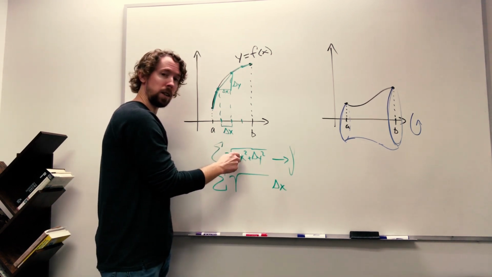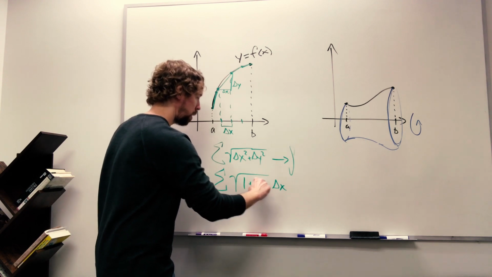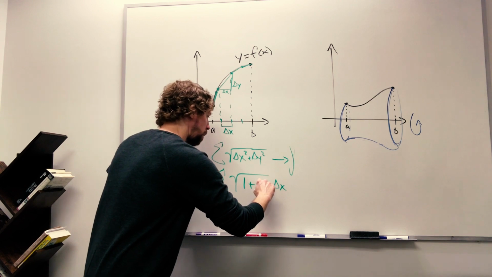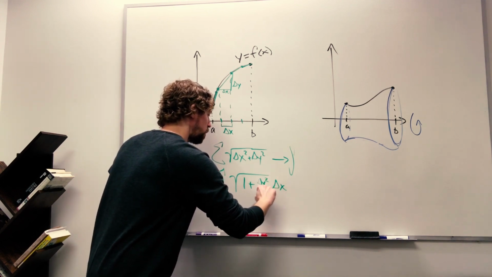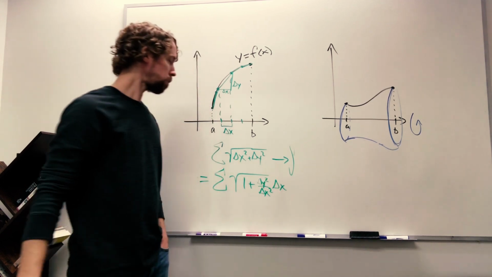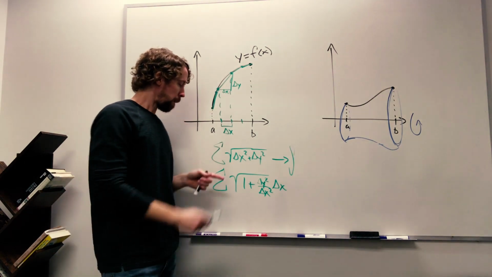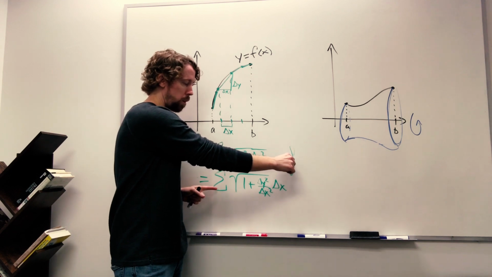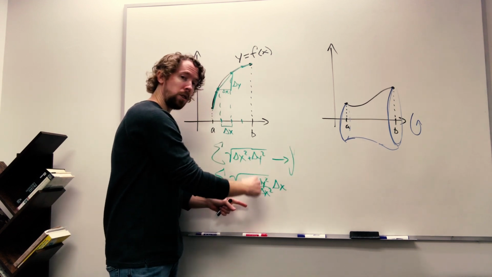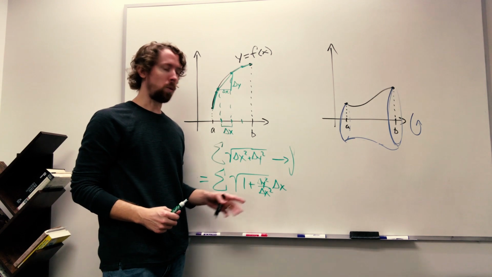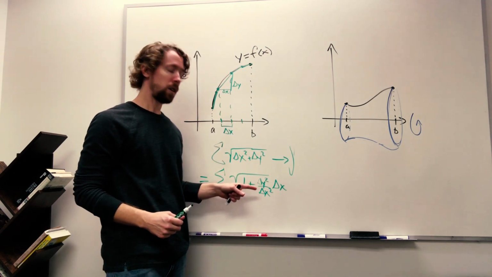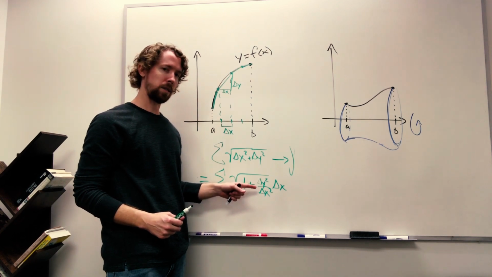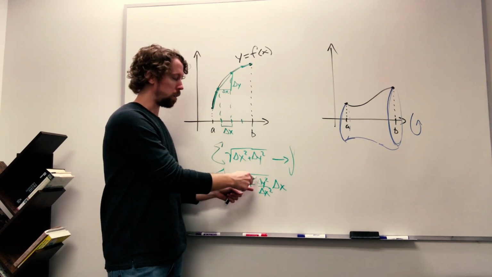So if I factor out delta x squared from here, I get a 1. If I factor out delta x squared from this term, I end up with delta y squared over delta x squared. And in the process of taking the limit as the change in x goes to 0, change in y over change in x, you may remember from Calculus 1 and the definition of derivatives, this just turns into the derivative of y with respect to x. So that's from the difference quotient.